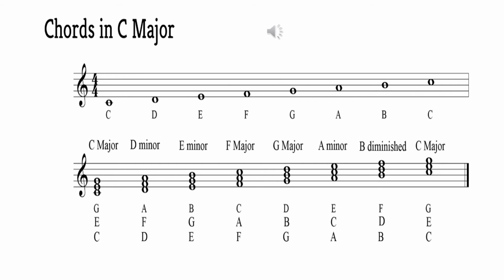So over here we have C major, which is C and E and G, or the next one is D minor, which is D, F, and A, and etc. So we will have some specific examples in the next slides.